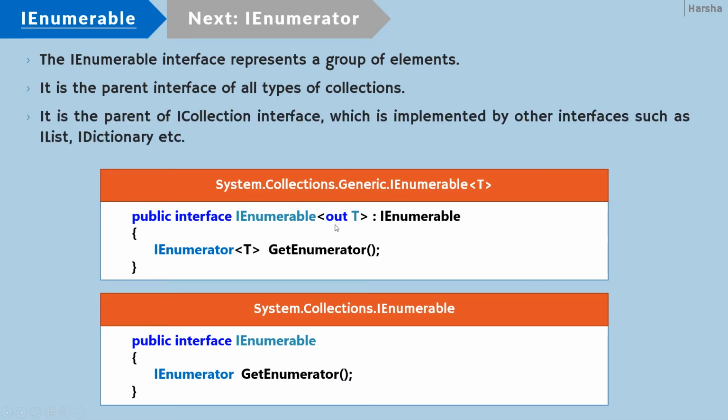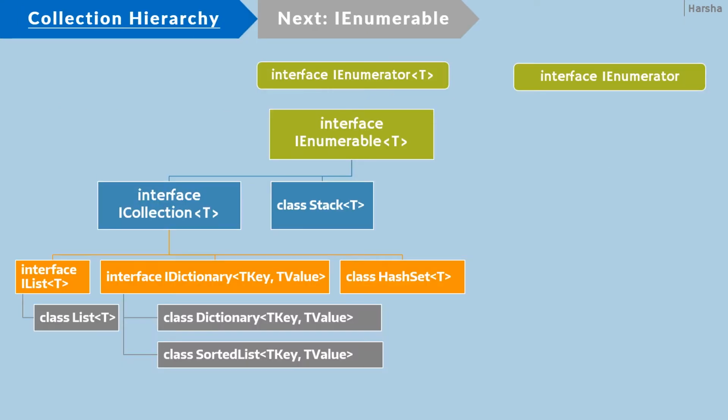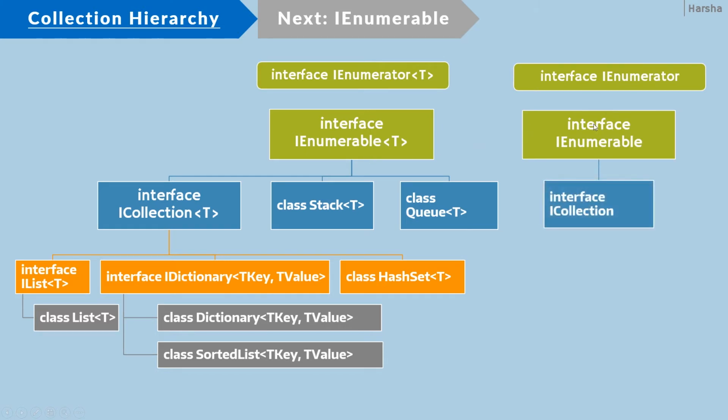So all the other collection interfaces and classes are directly or indirectly the children of IEnumerable, as shown in the previous diagram. As you can see, ICollection, IDictionary, IList, and the classes such as HashSet, Stack, Queue, List, Dictionary, etc. are the children of IEnumerable of T, which is ultimately the child of IEnumerable, the non-generic version.